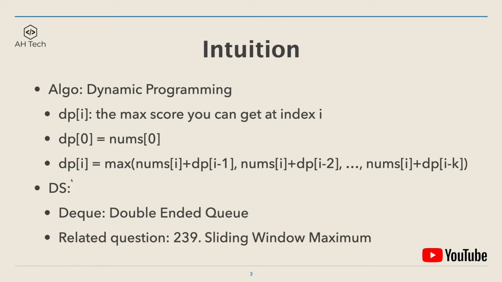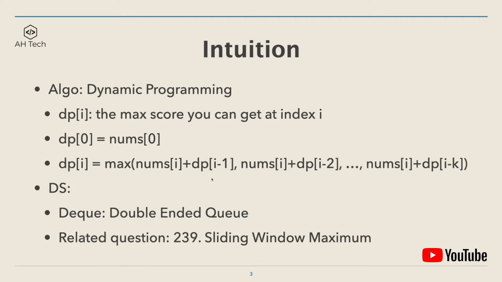And for the DP transition, since we can jump k steps forward in the nums array, the maximum score we can get at the current element will be nums i plus the maximum of dp i minus 1 or dp i minus 2 all the way back to dp i minus k.